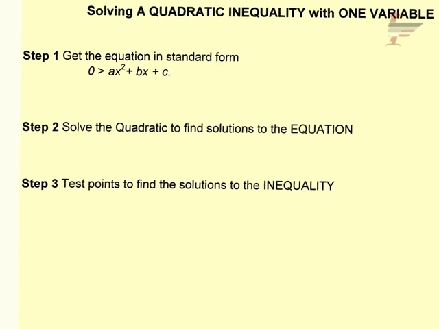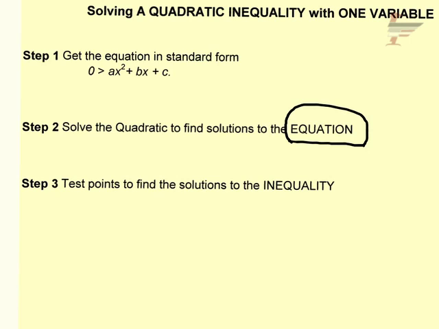I'm going to highlight equation here because up here it's an inequality, so you're just going to pretend for a second that that inequality is actually an equal sign and just go ahead and solve that quadratic. Remember, when you solve a quadratic, you may want to factor it, use the quadratic formula, complete the square, or solve by square roots. You have all sorts of options.